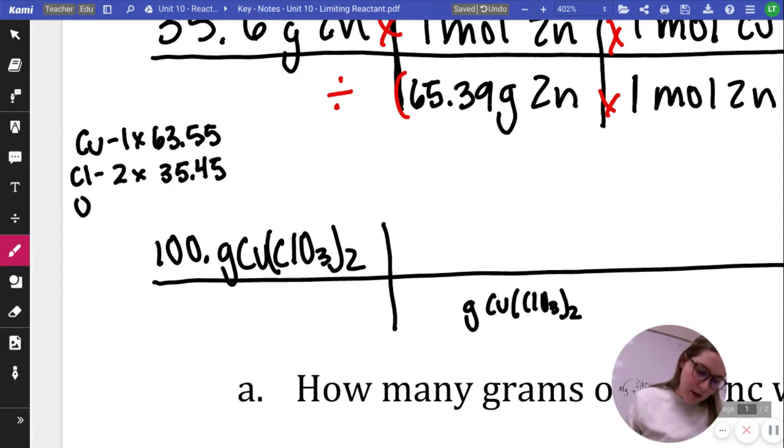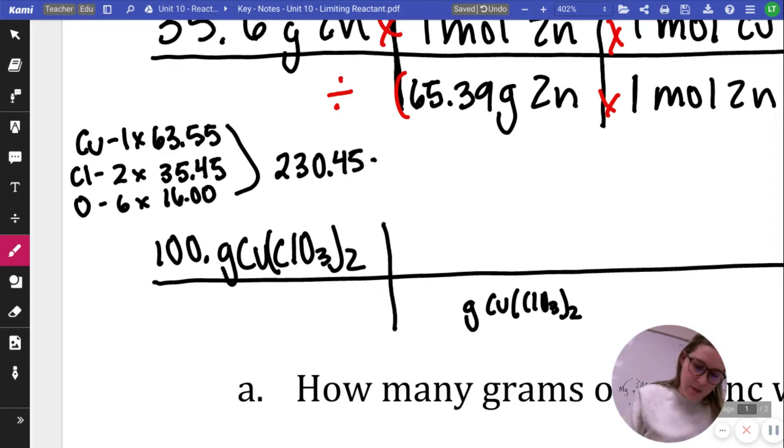And then I have 6 oxygens, and each oxygen has a mass of 16. So I'll add all of those together, and when I do, I get that the molar mass would be 230.45 grams per mole.